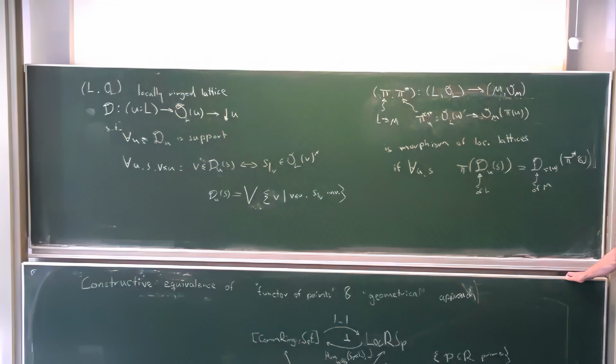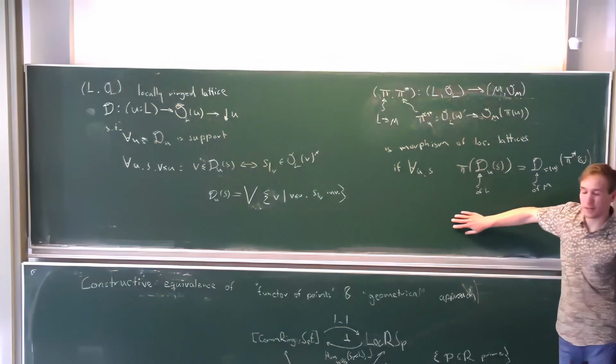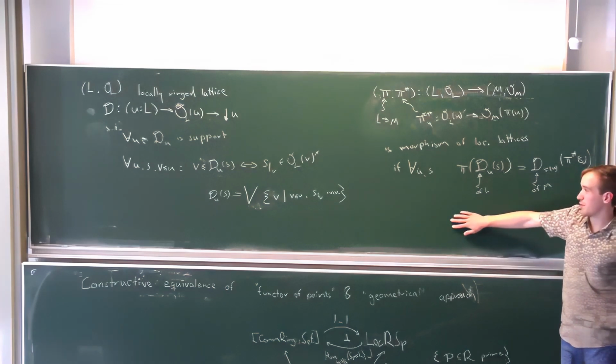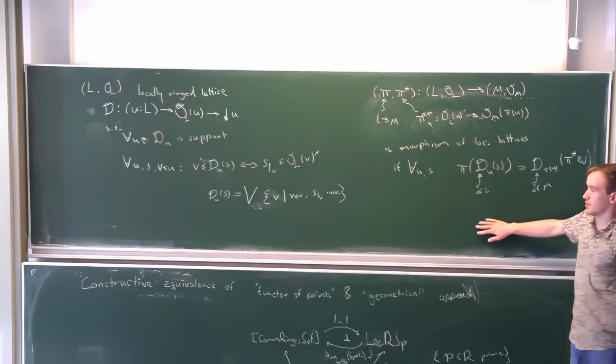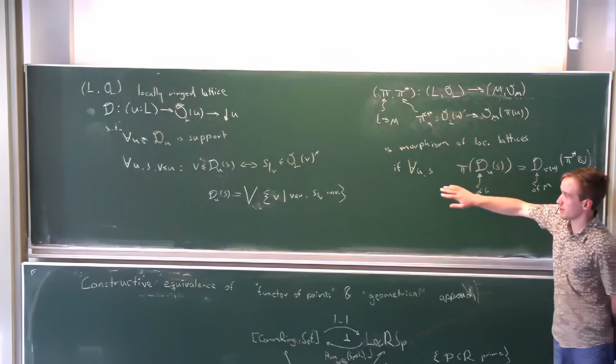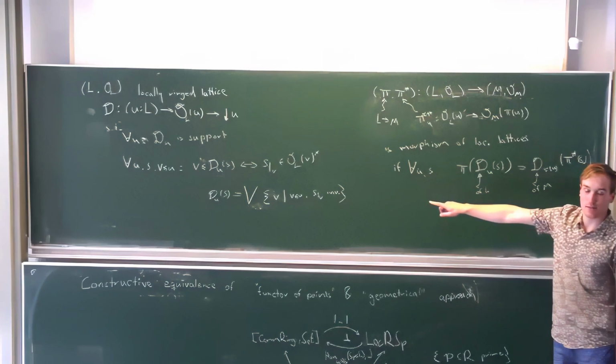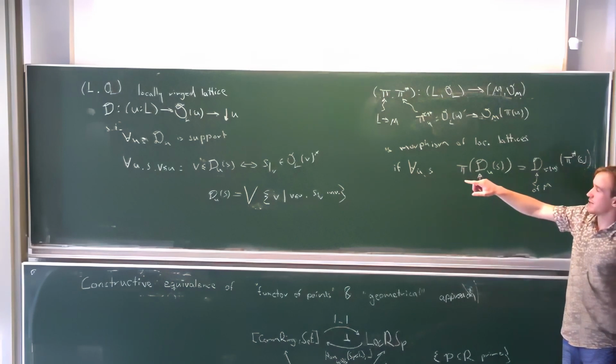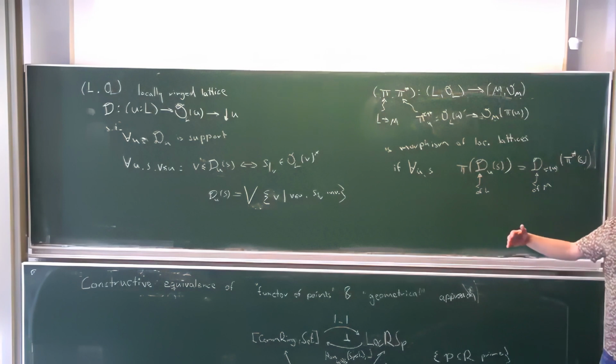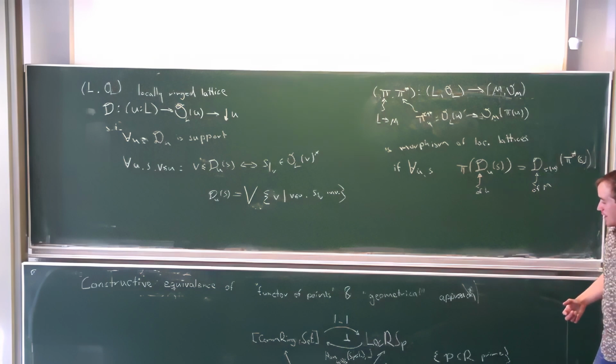So once we have this, we can define what our schemes are supposed to be. It's a locally ringed lattice in this sense, where we have a finite cover of this lattice such that restricting to the elements, those will look like our constructive Spec.